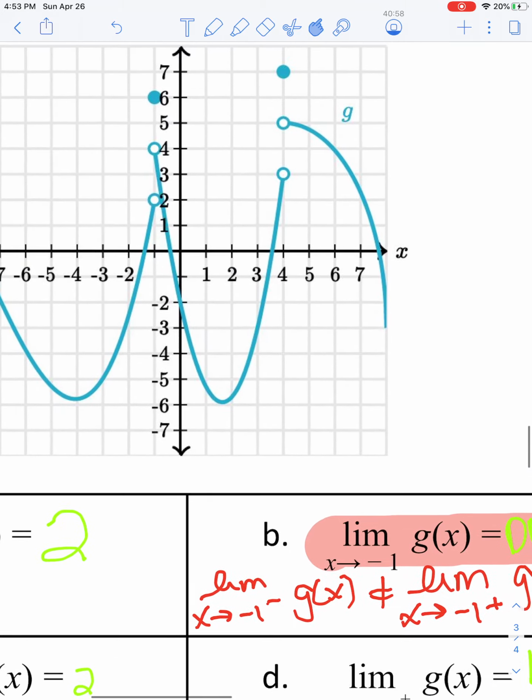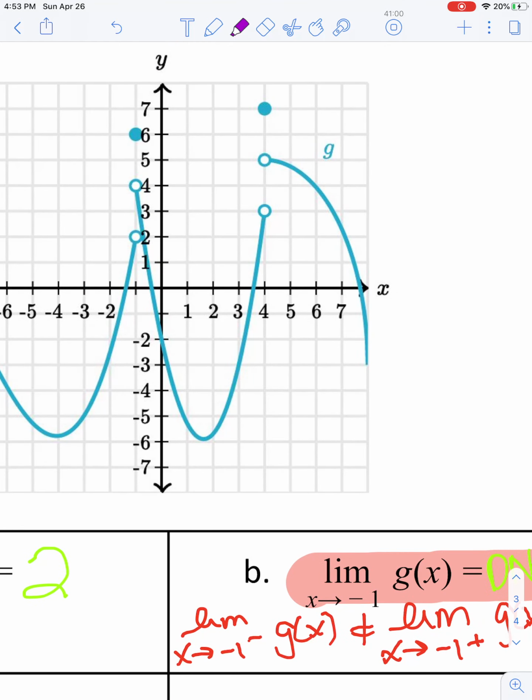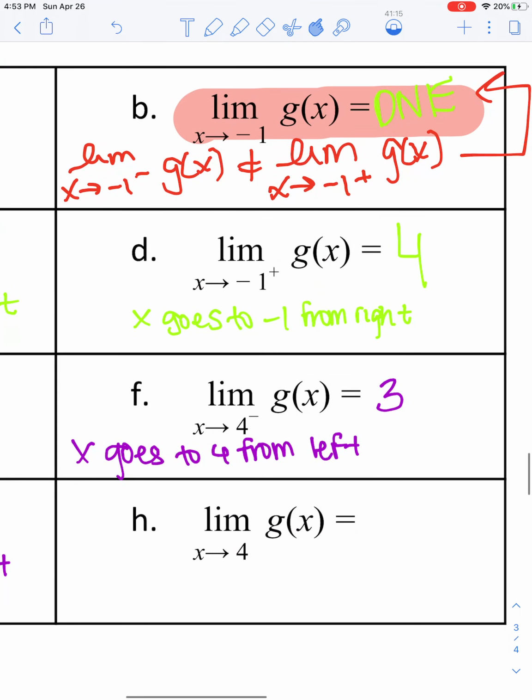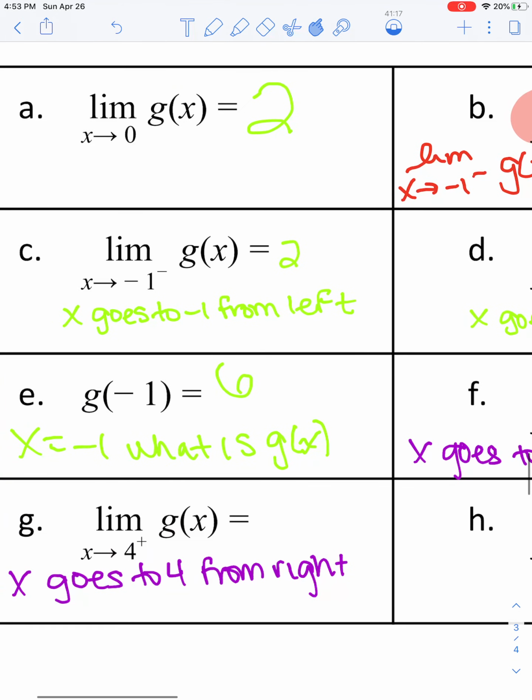Looking back at our graph, we're going to trace g of x from the right of 4, and we see that as x is approaching 4 from the right, our function is approaching 5. So the limit as x approaches 4 from the right of g of x is 5.